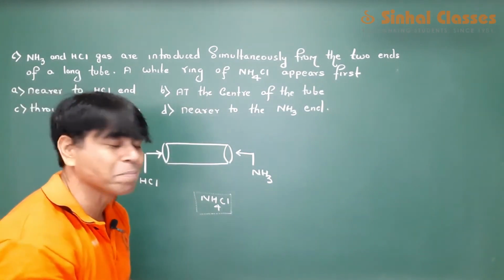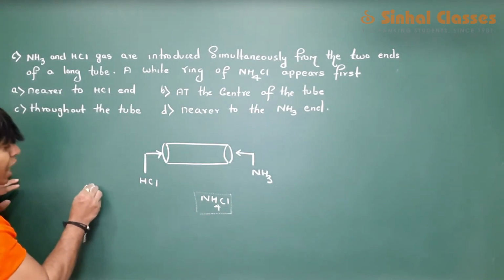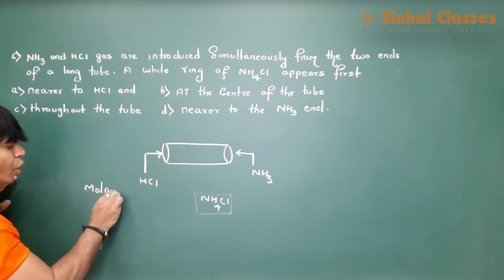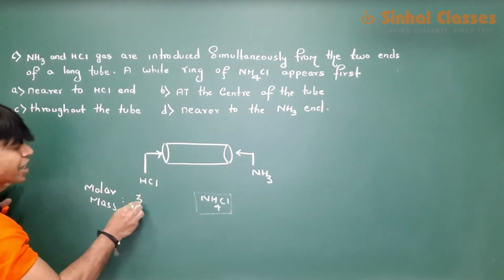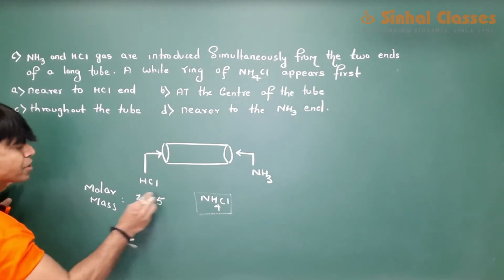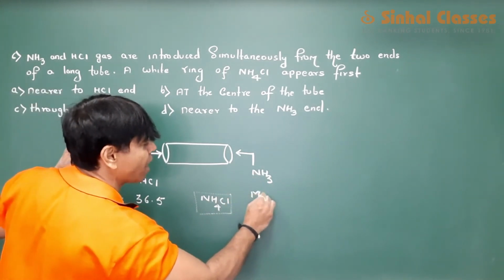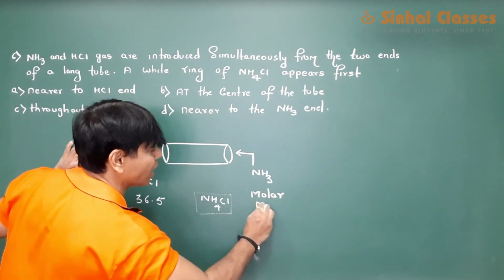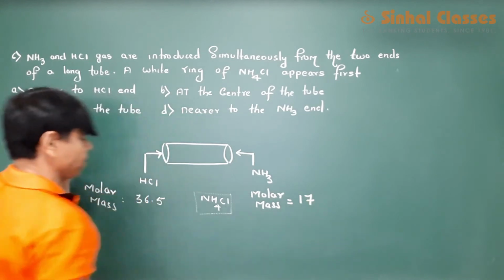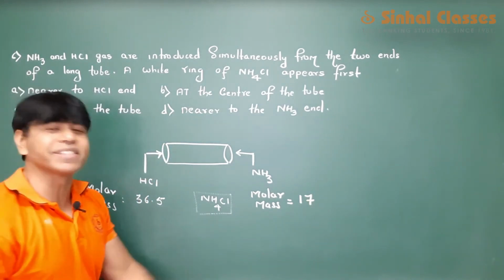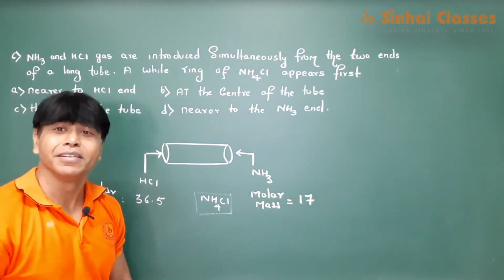Now this is a very simple question actually. Now what you do is you take out the molar mass. We all know the molar mass for HCl is 36.5 grams, whereas the molar mass of ammonia is 17. Now tell me, which one is lighter, ammonia or HCl?